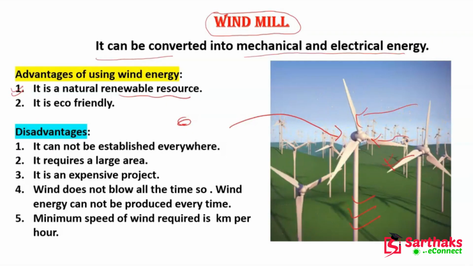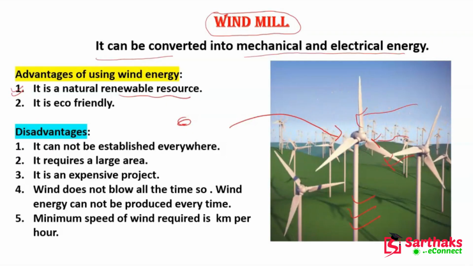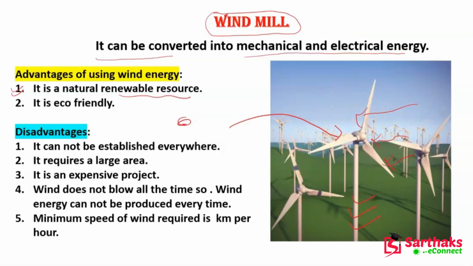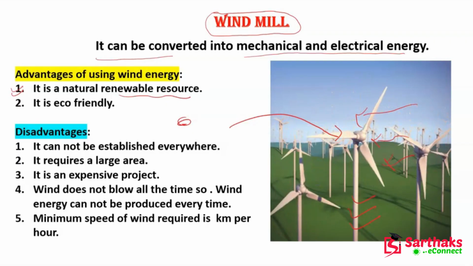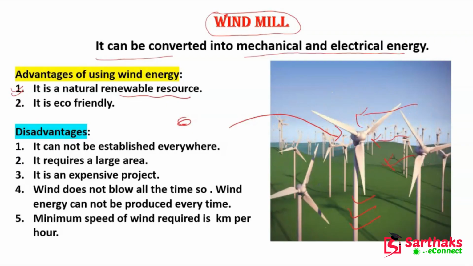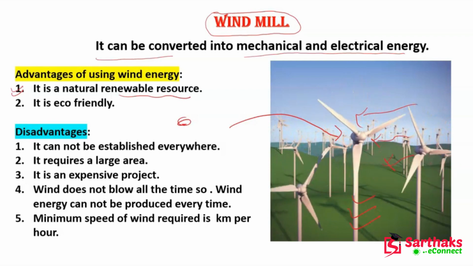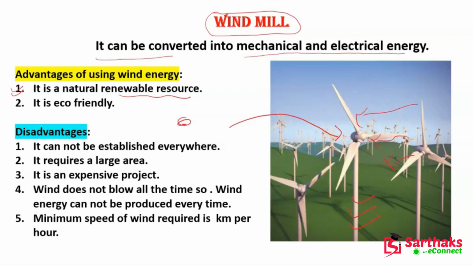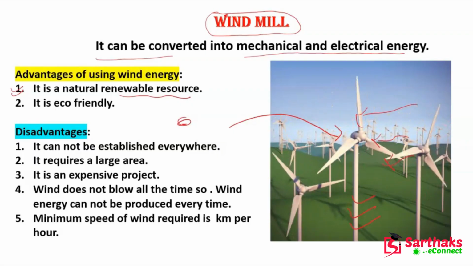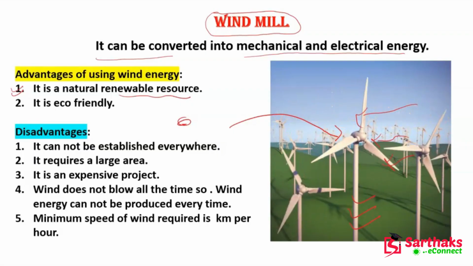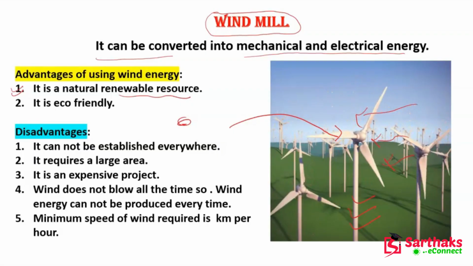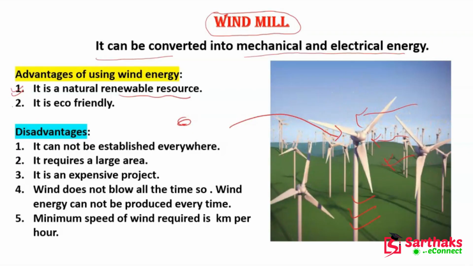So this air, unlike coal and petroleum and natural gas, is not going to finish. We can use the same air again and again. So that's why it is a renewable resource. I hope guys this point is clear to you.